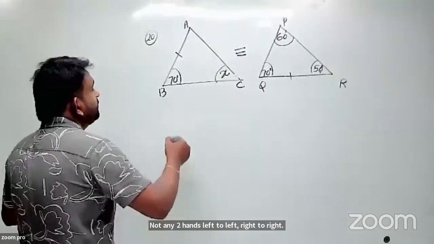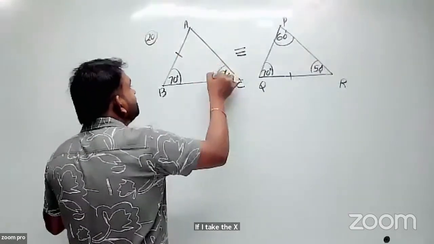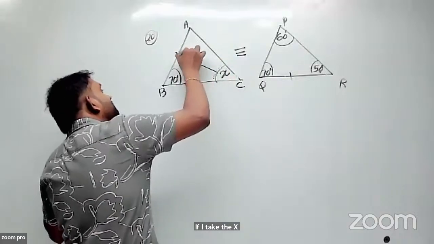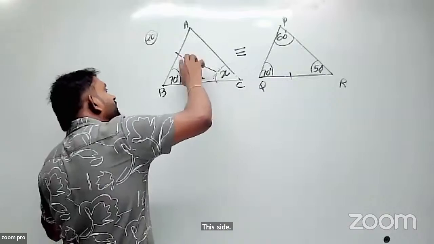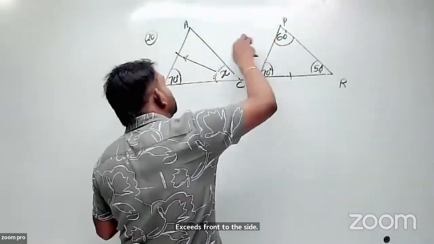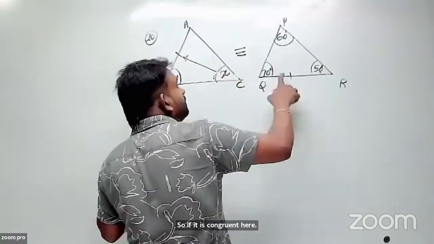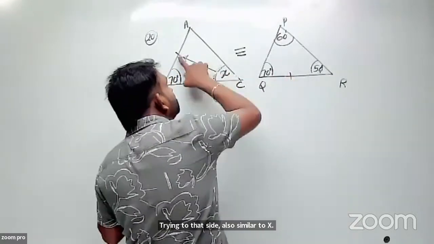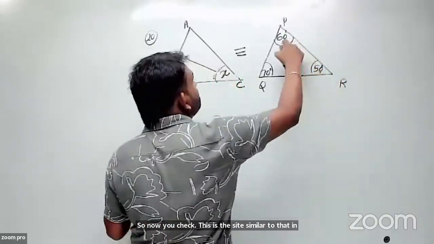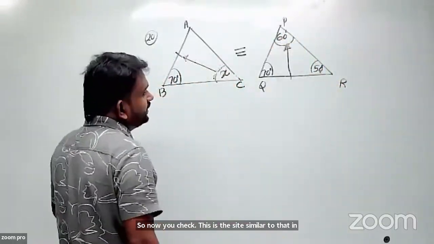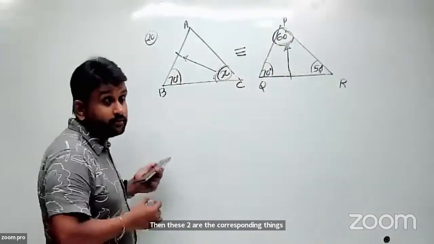So here, if I take the x angle, check which side x is in front of. X is in front of this side. If it is congruent, the front of that side is also similar to x. So check this is the side similar to that. Then what is the angle in front of that? We found it 60. Then these two are the corresponding ones, x and 60.